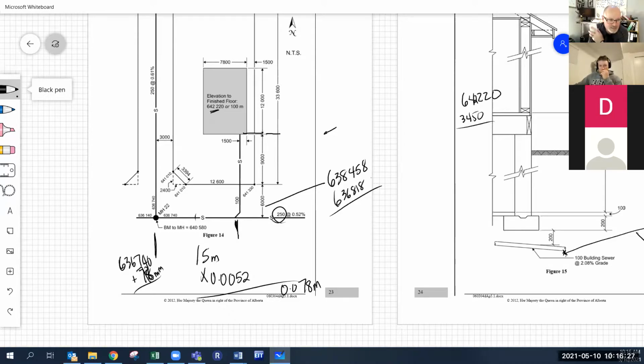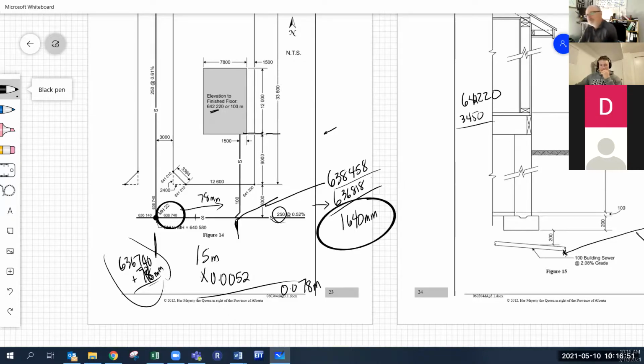We add that together because this is the rise. The 78 mils is the rise, and we add it to the 636,740 to get 636,818. And we found this invert here at 636,485. You minus them off, and it comes out to 1640 mils. There's your answer.